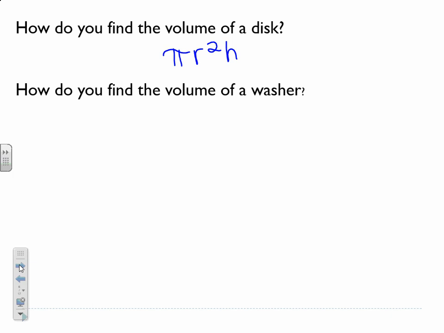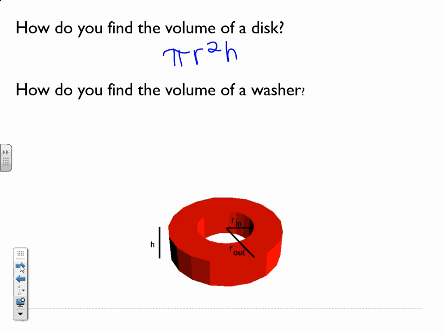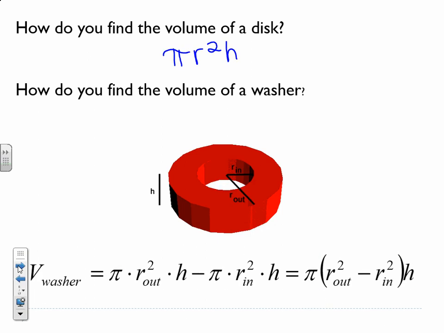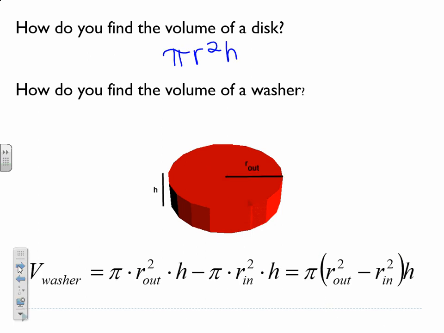Now, how do we find the volume of a washer? Let's think about it. Subtract the volume that would be inside. Okay, we have to subtract out the hole, right? Which is also an infinitely thin cylinder, okay? So what we're working with here is pi r squared h of the outer minus pi r squared h of the inner.